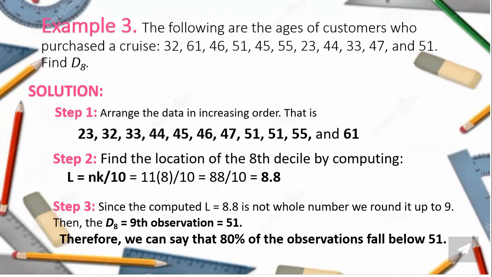Therefore, the 8th decile is the 9th observation in the arranged data, which is 51. Therefore, we can say that 80%, since it is 8 times 10%, of the observations fall below 51.